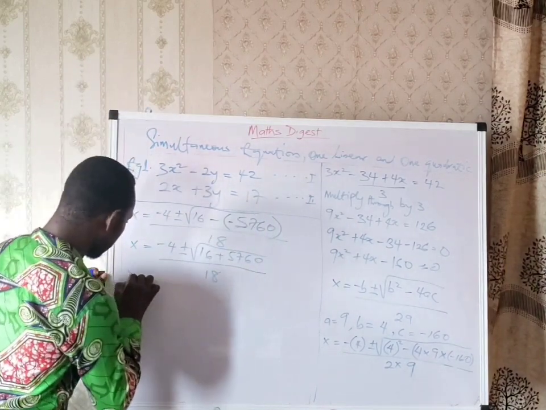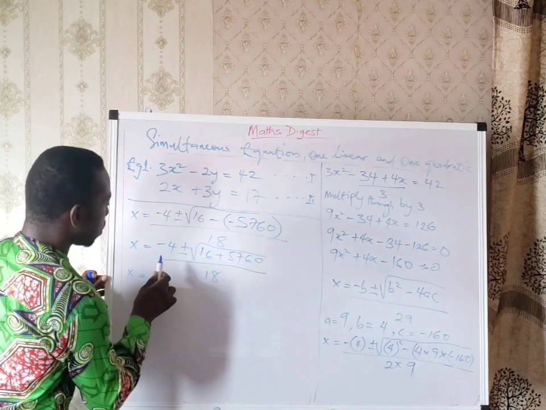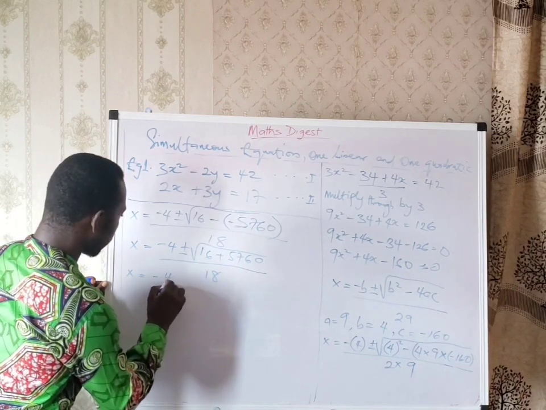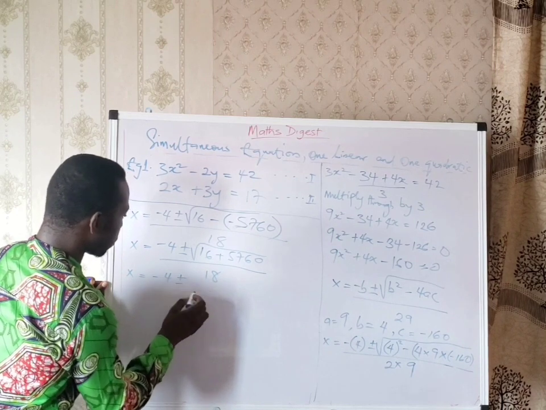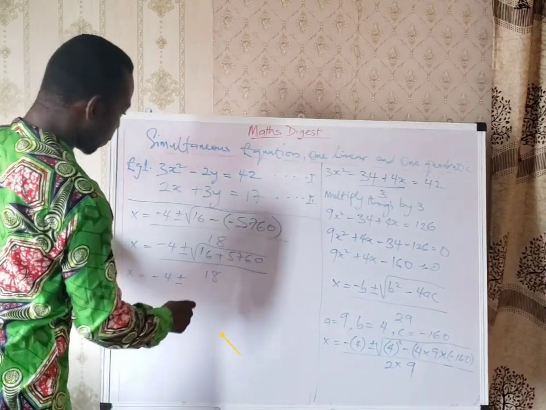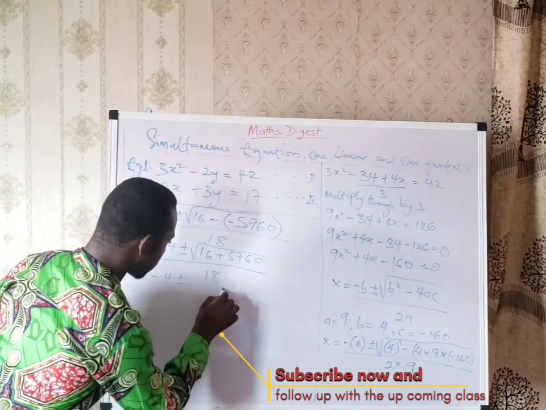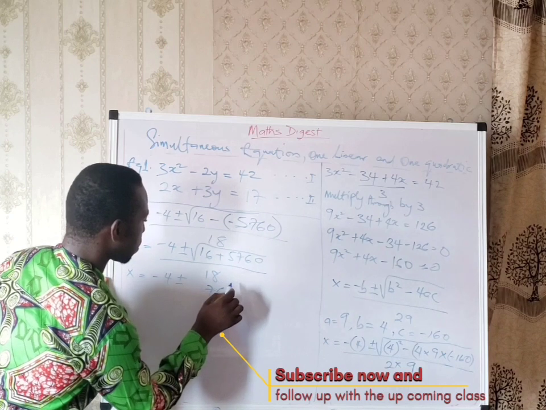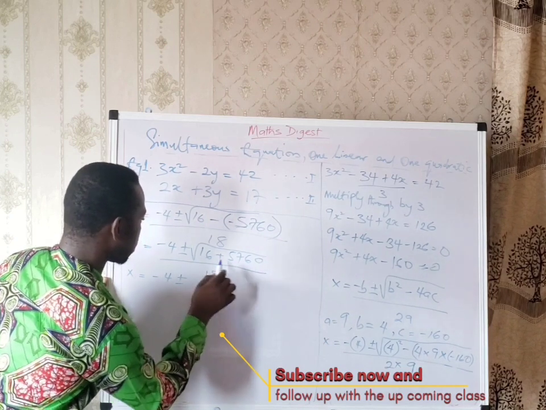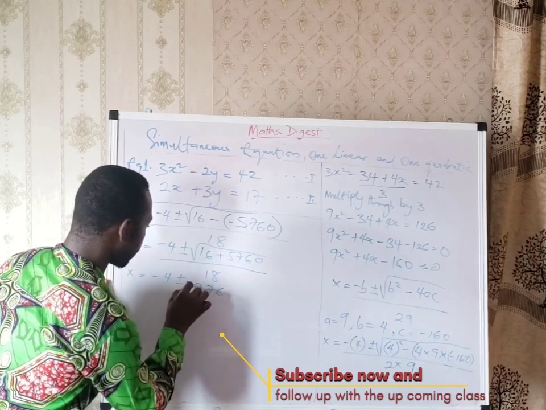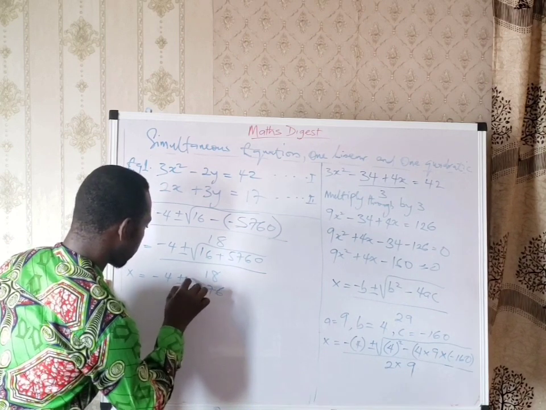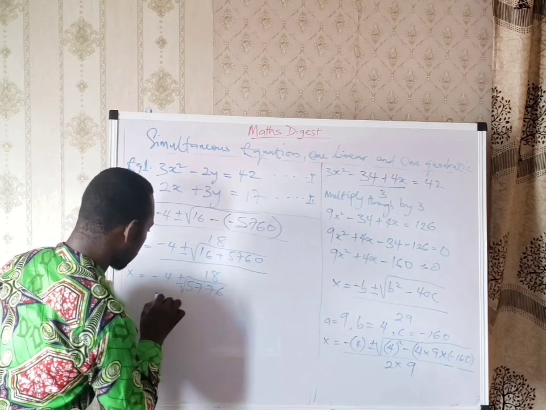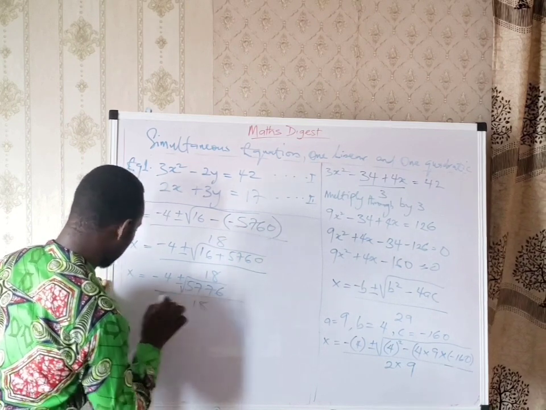Now we have x equal to minus 4 plus or minus the square root of 5776 over 18.